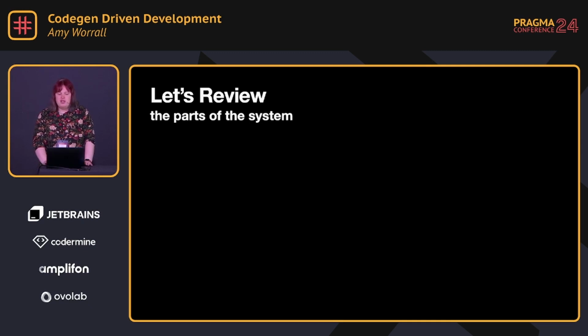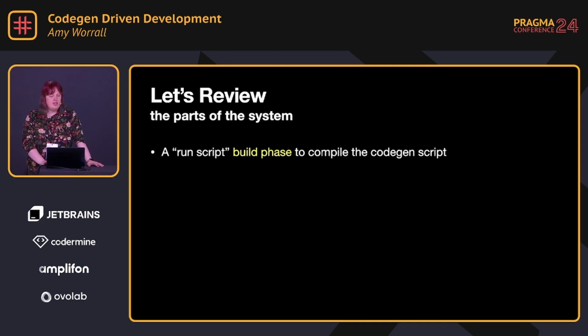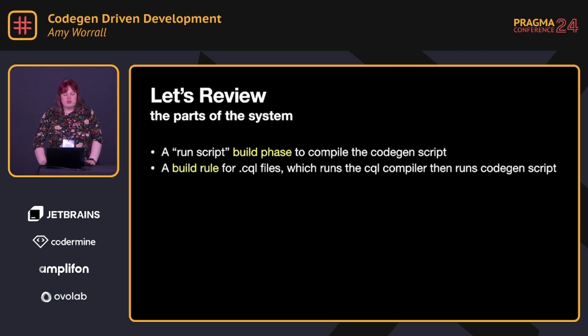So let's review the parts of the system that I've just talked about. We've got this run script build phase, which compiles the Codegen script. And that's just because I wrote it in Swift instead of something interpreted. We've got this build rule for the .cql files. And that first runs the CQL compiler, and then it runs the Codegen script.